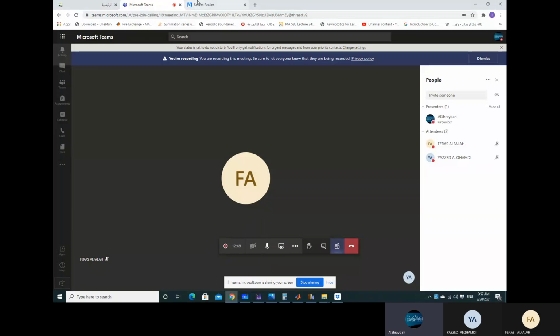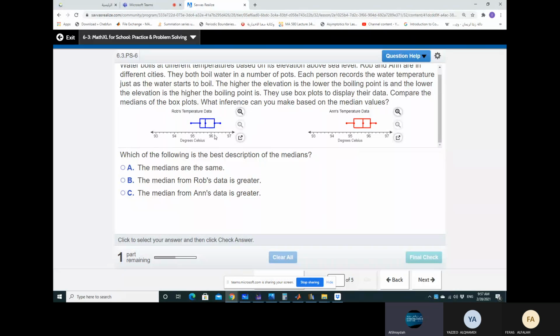Okay, I'll solve the first question here. As you can see, here we have 95, 95.2, 95.4, 95.6. I think it is 95.7 here, the boiling point degrees in Celsius, 95.7. And here it is also 95.7. So I think the medians are the same.